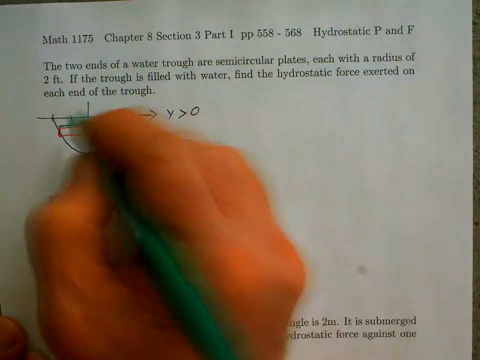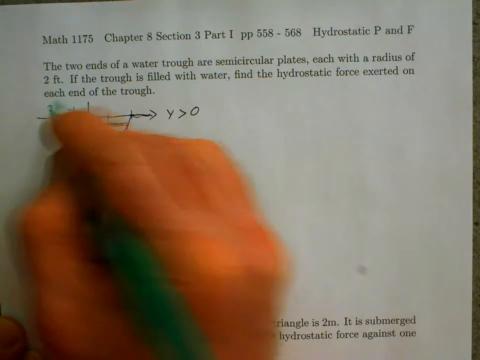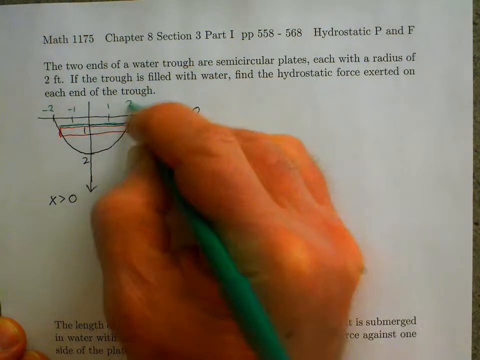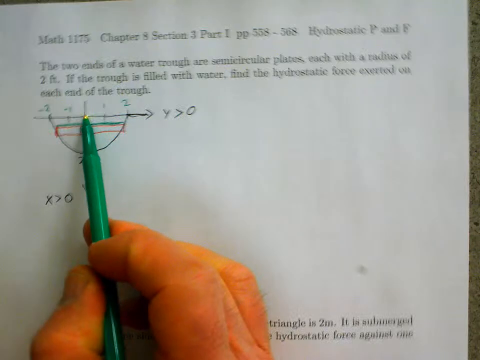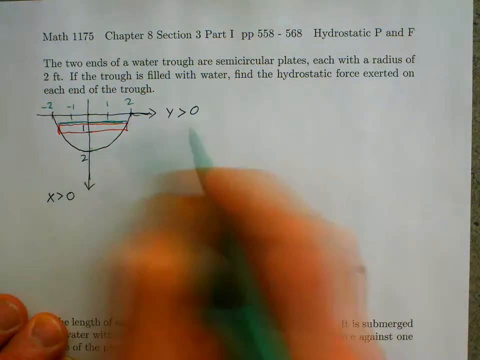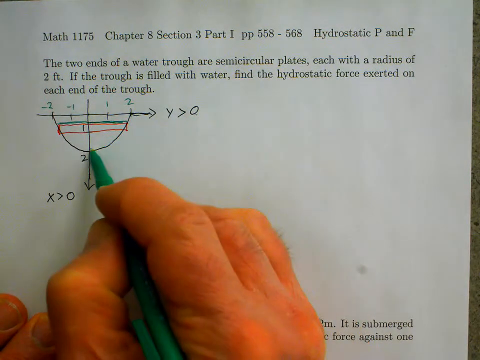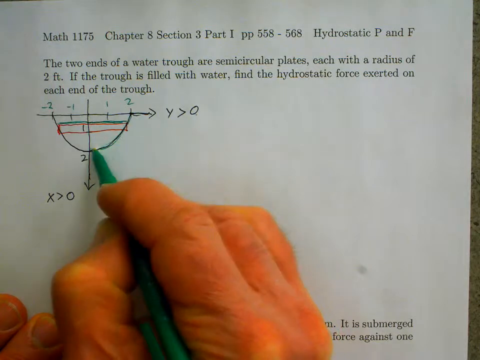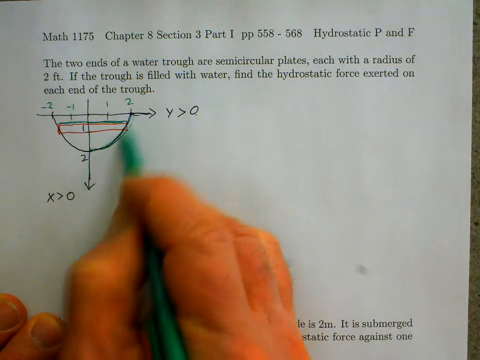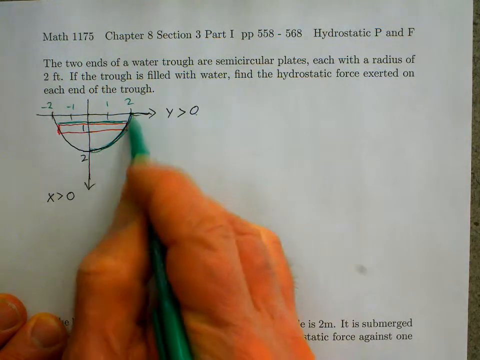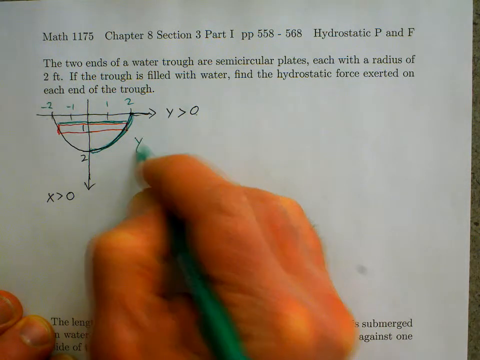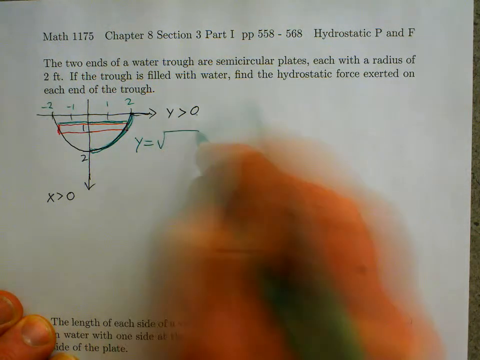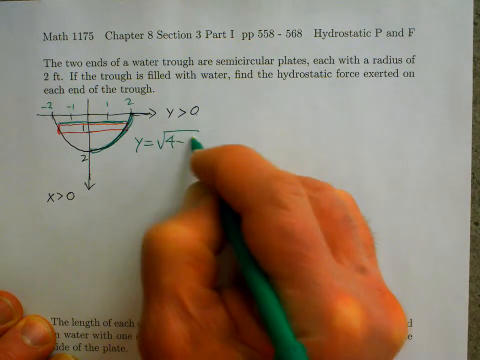So since this semicircle has a radius of 2 and the center of the circle is 0, 0, and this is the positive y-axis, then this part of this quarter circle is just y equals the square root of 4 minus x squared.